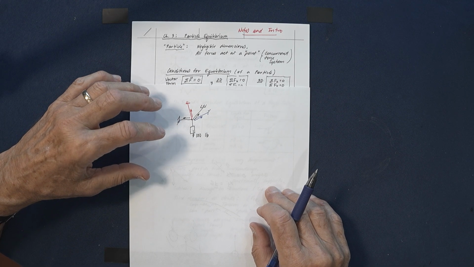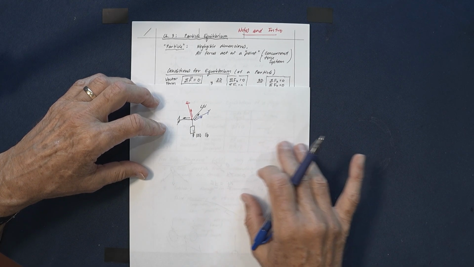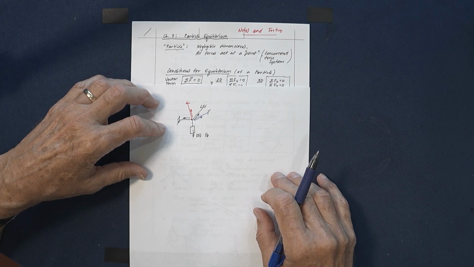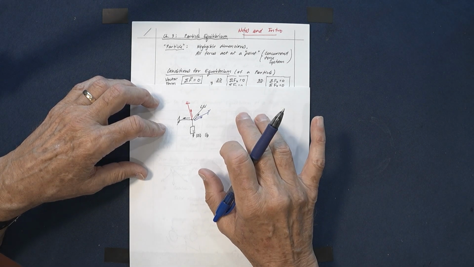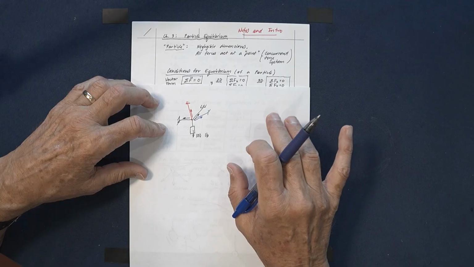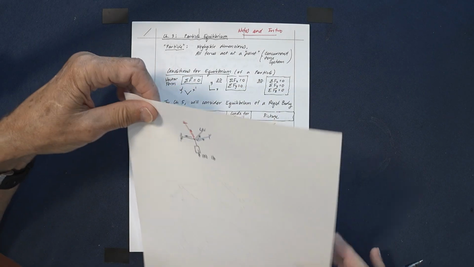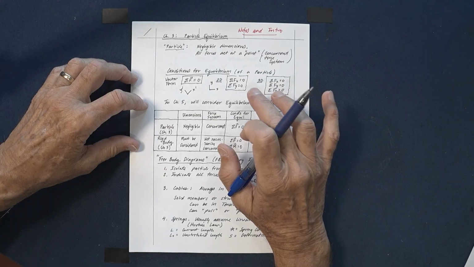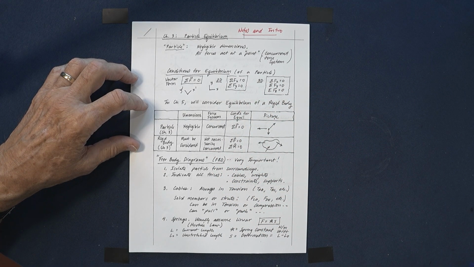If you invest the time to learn them now, it will build a foundation that will help you in future chapters. But again, the idea of statically determinate or statically indeterminate problems is something you need to understand. So these are my conditions for equilibrium. In 2D and 3D, we usually write the scalar equations.